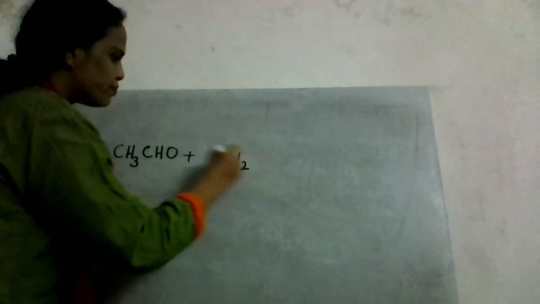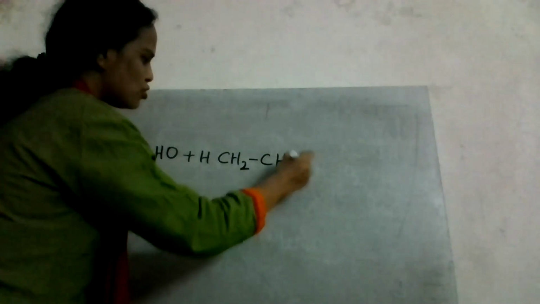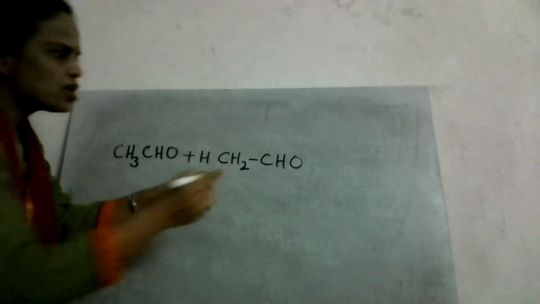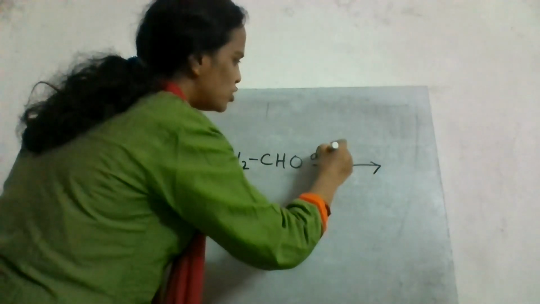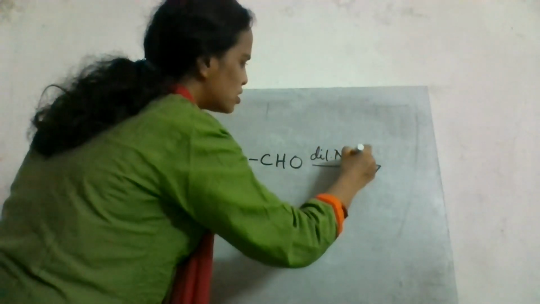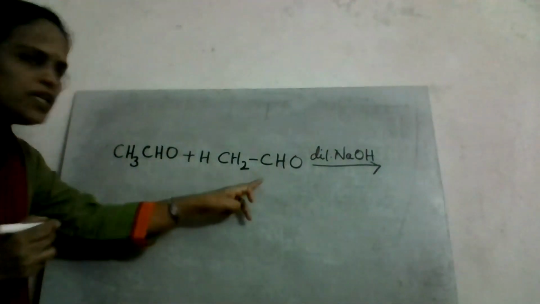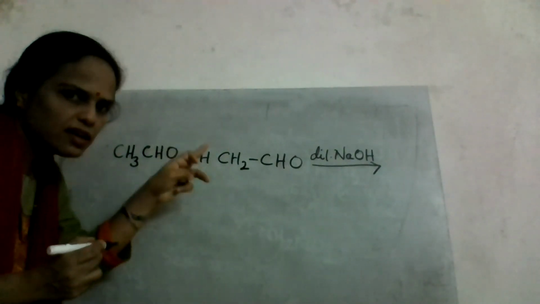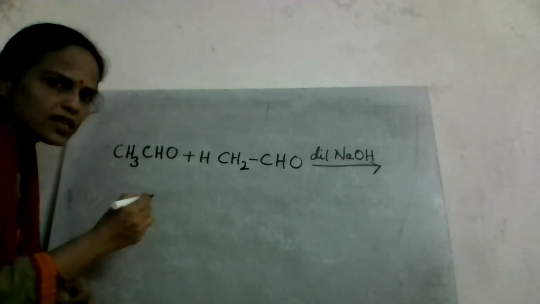So two same molecules of aldehyde, this is also CH3CHO, combine with one another in presence of dilute NaOH, and it results in giving you beta hydroxy compound, that is aldehyde, and it is called aldol.